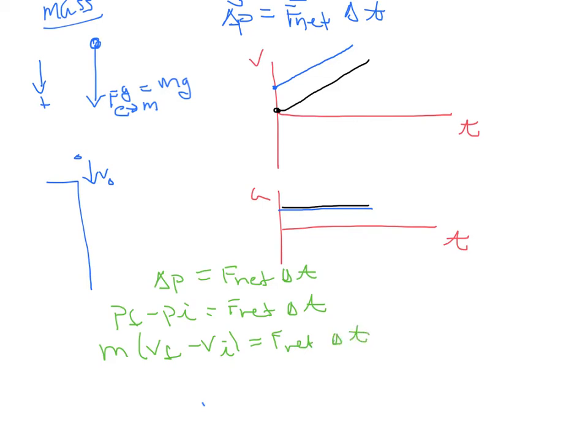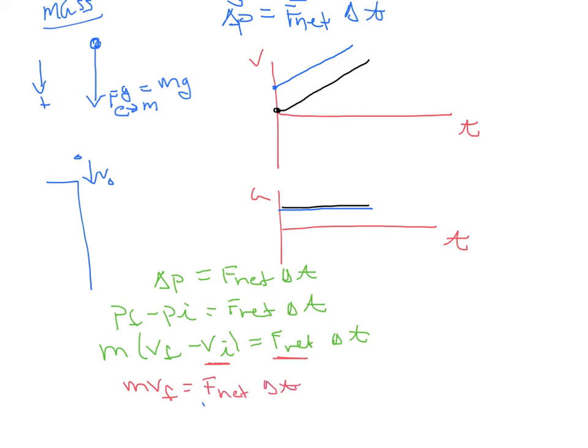So if we think about the two situations at this point, what we see is that in situation 1, the initial velocity was 0. So with the same net force, if you have an initial velocity of 0, what happens is that you get m vf equals F net delta T.